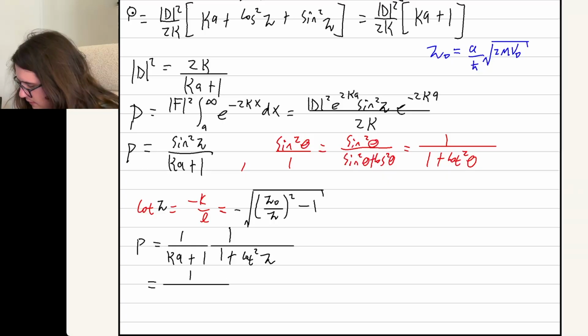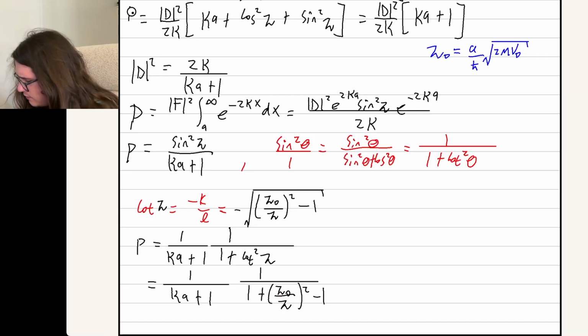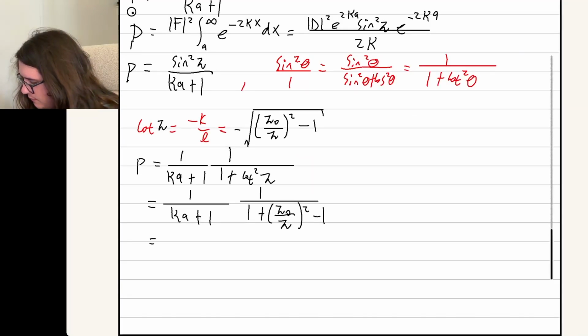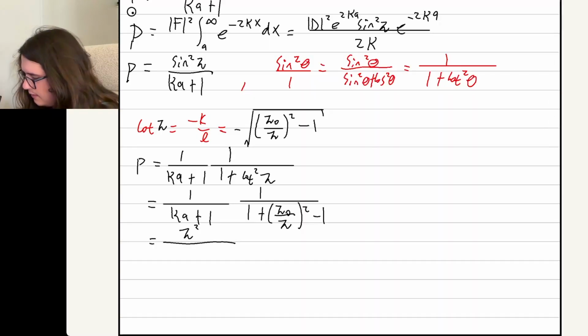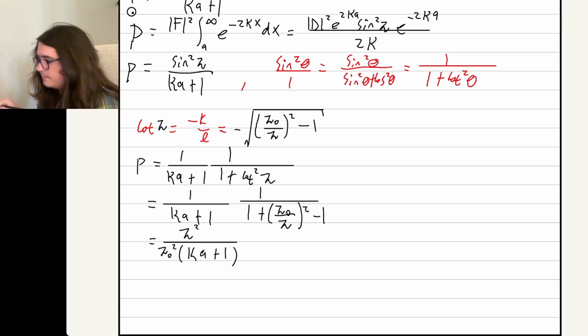So we'll rewrite it like this, kappa A plus 1 over 1 plus z naught over z all squared minus 1. But then those 1's cancel out, and we just end up with the z squared on top, and also z naught squared multiplying the bottom. So sort of like that.